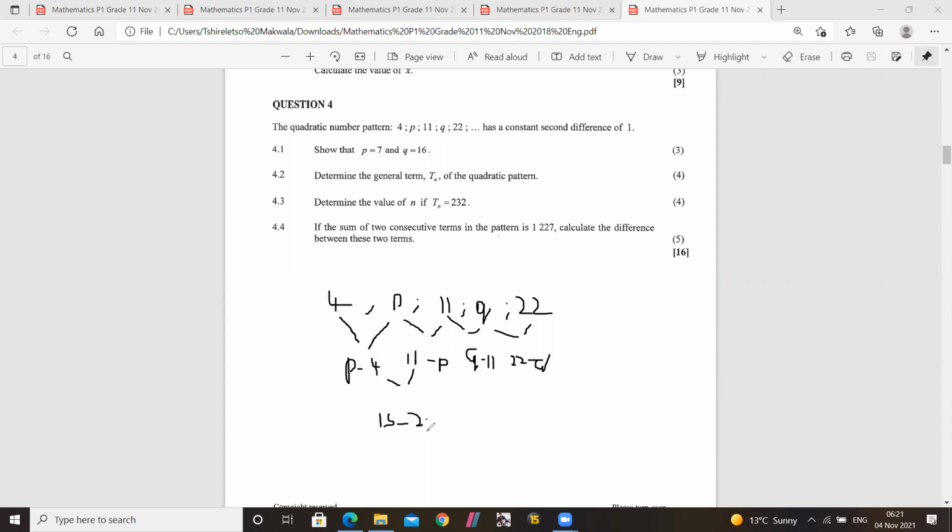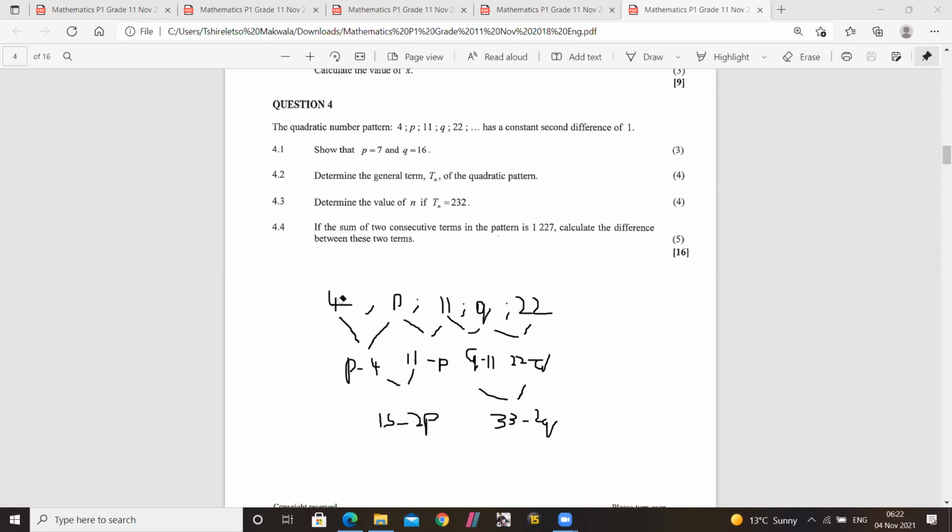Let's continue. So here what do we have? This minus that, so this is gonna be positive 11, so 33 here, then minus 2q. The same thing, this is a common constant difference, and this must be equal to 1. So you're gonna equate this to 1 and then solve for q. If you do that, you're still gonna get this answer of 16.